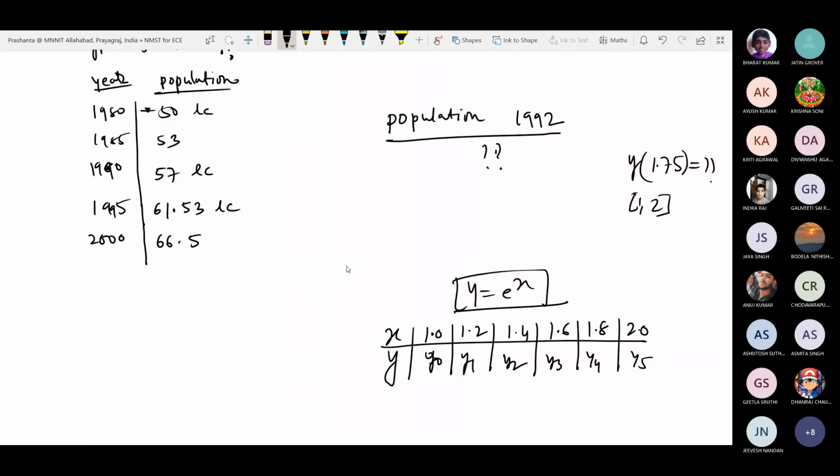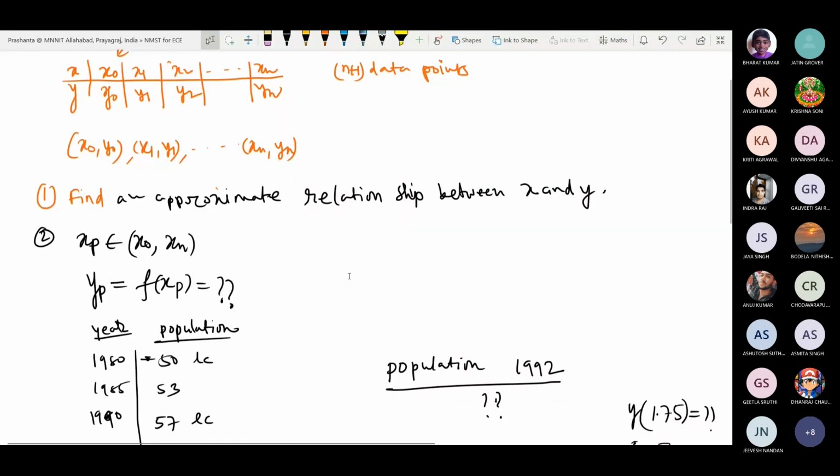Since the original population versus year relationship is not known to you, you will try to get an approximate relationship, and from that relationship you put the input, the year 1992, and you will get the population. Anyway, this is how interpolation works. I'll stop at this point. I'll be discussing the theory in detail from the next theory class.